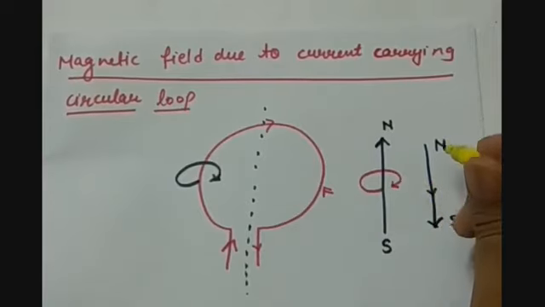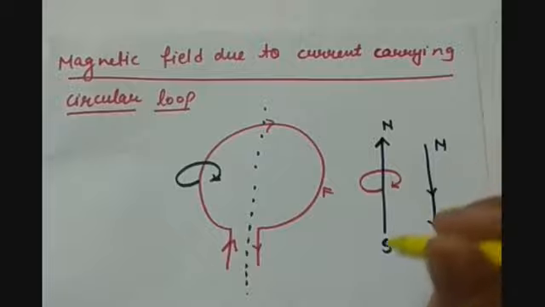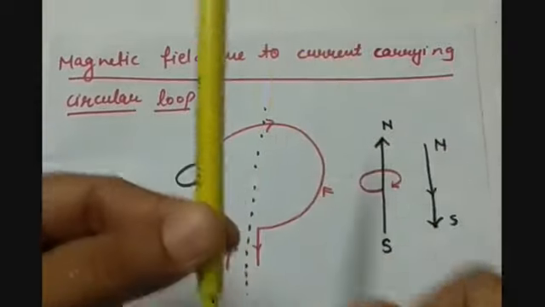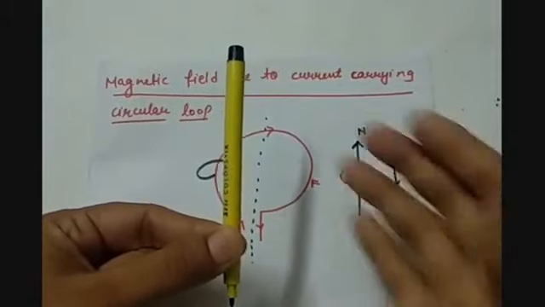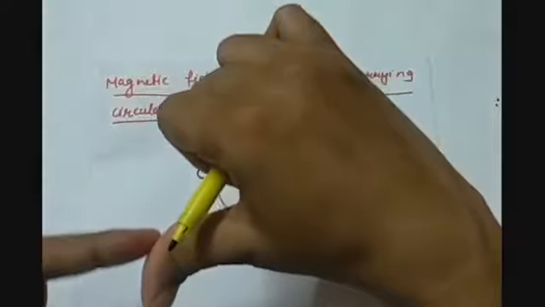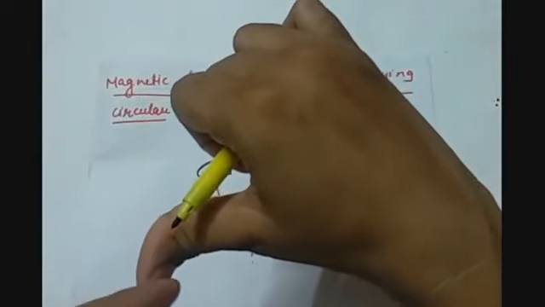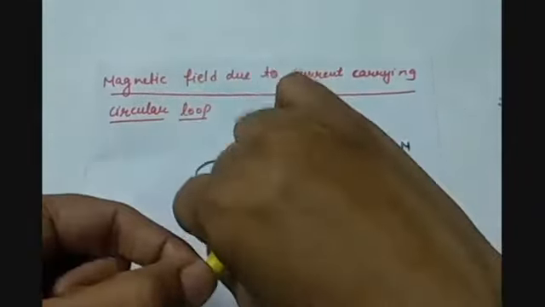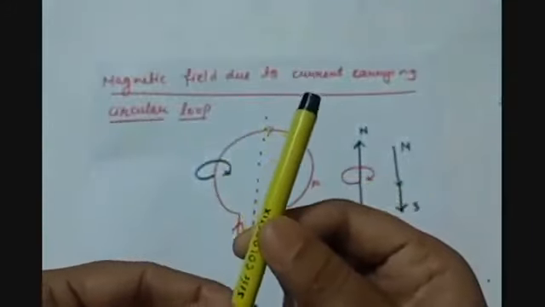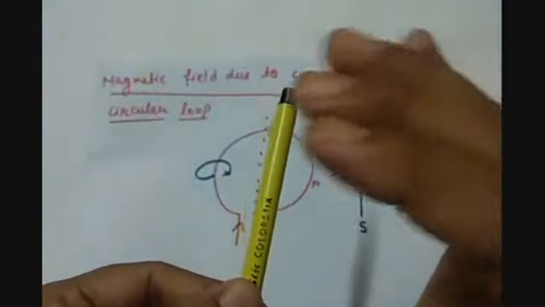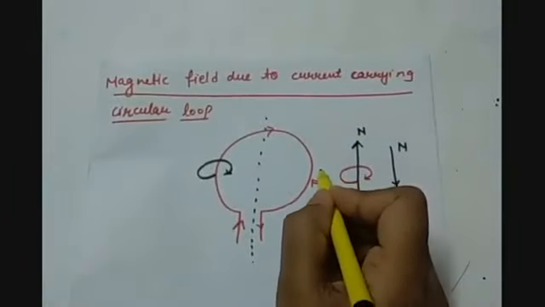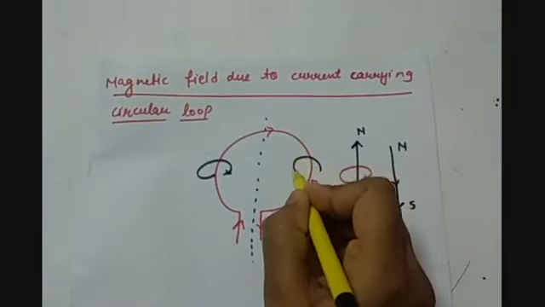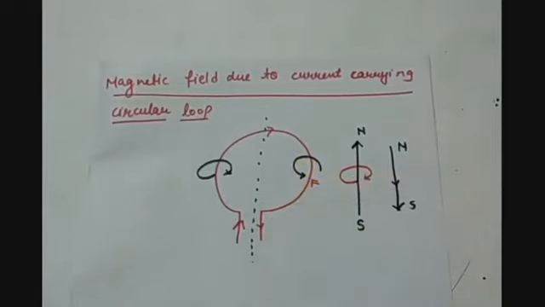So if we apply the right hand thumb rule again, we find that if this is the straight conductor and we place our thumb in this way, so that the current is indicated by the thumb, then the curls of our fingers will give the direction of the magnetic field lines. That means they are going up and then down. That means the magnetic field lines will come up and then they will go inside the circle.